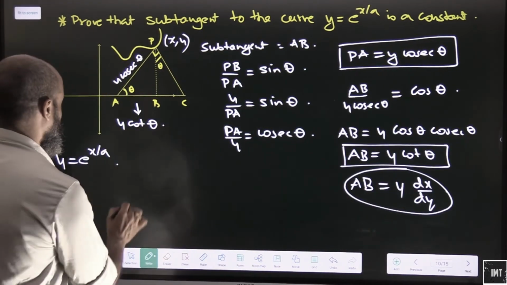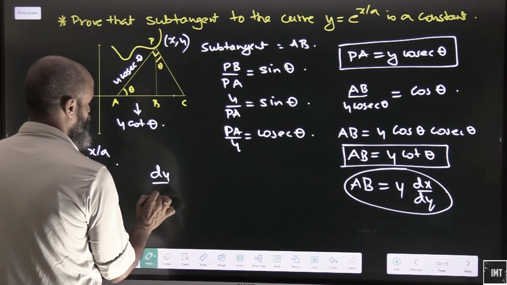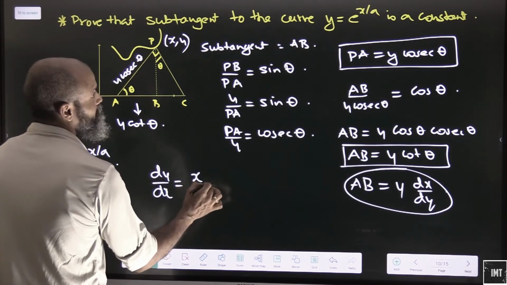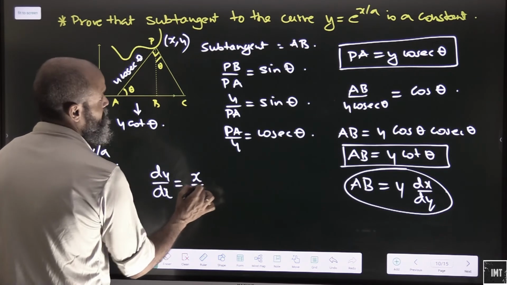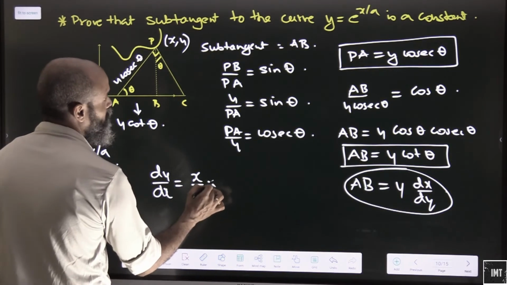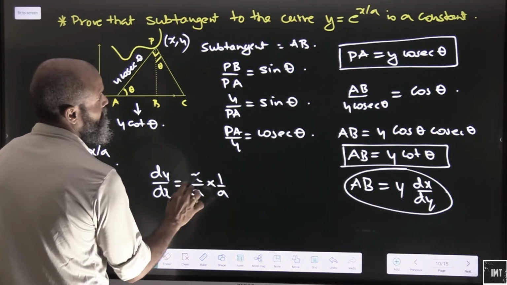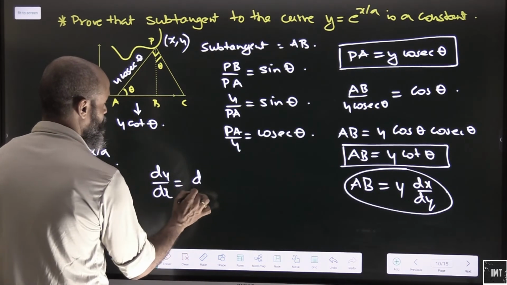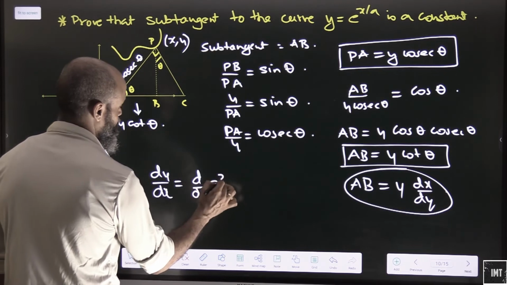Here we have dy by dx, which is d by dx of e^(x/a).